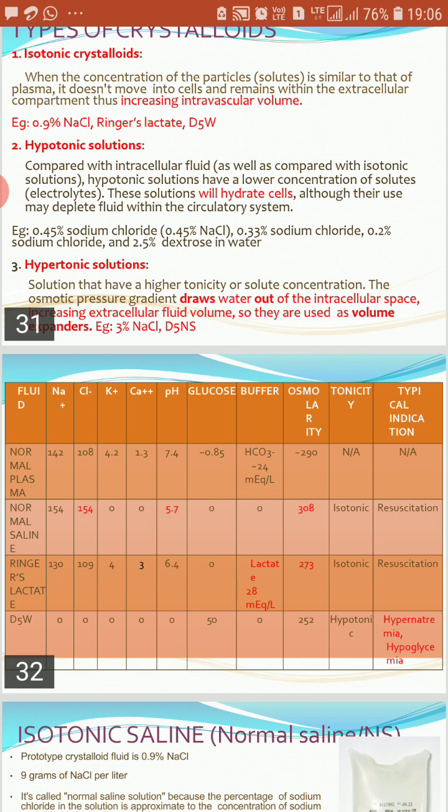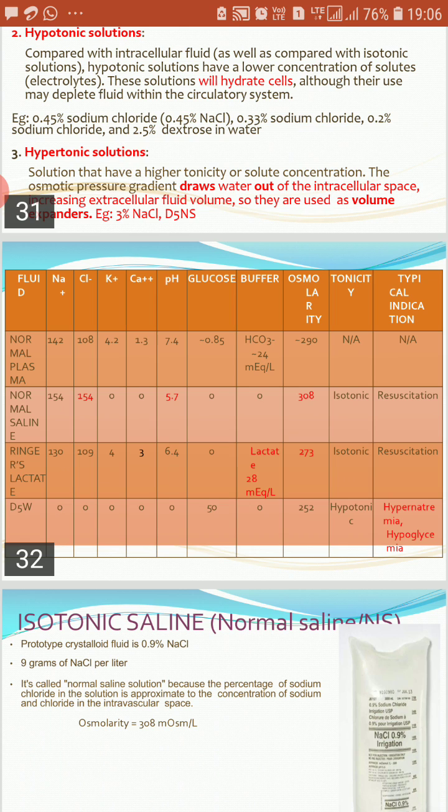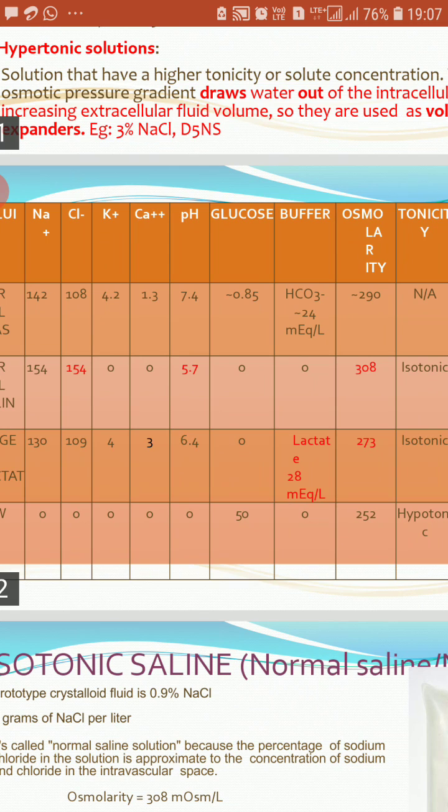Here we can see in this table that normal plasma has sodium, chloride, potassium, calcium, pH, and glucose all available. Whereas normal saline has higher chloride, which is why it can cause acidosis as a side effect.